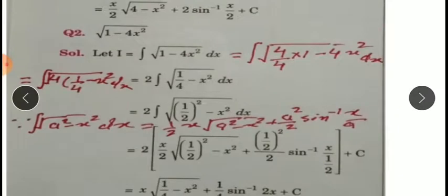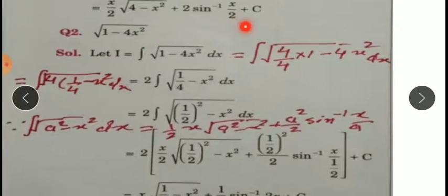Now see question number 2. Integrate root 1 minus 4x square. In all cases of integration, first of all we have to change the given question into integrable form, that is, in the form of the formula. For this, again let I be equal to this.